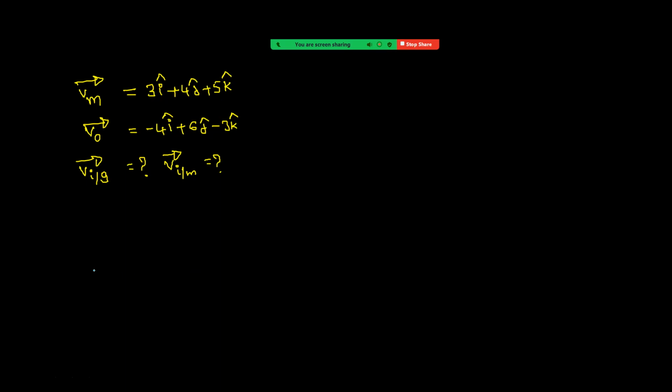In the last lecture, we have discussed that if this is a mirror and this is the object, the image will be at the same distance behind the mirror. So the key point while solving image velocity: distance of object from the mirror and distance of image from the mirror are equal.